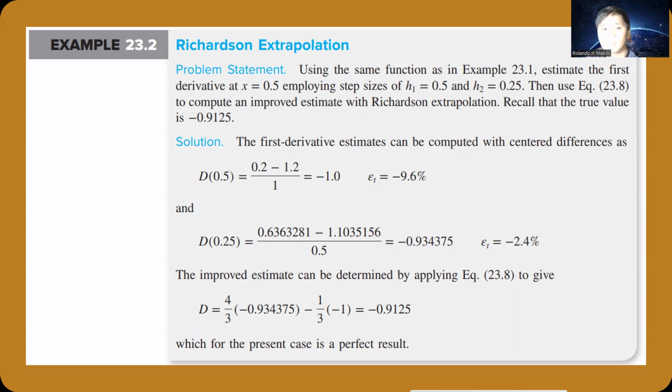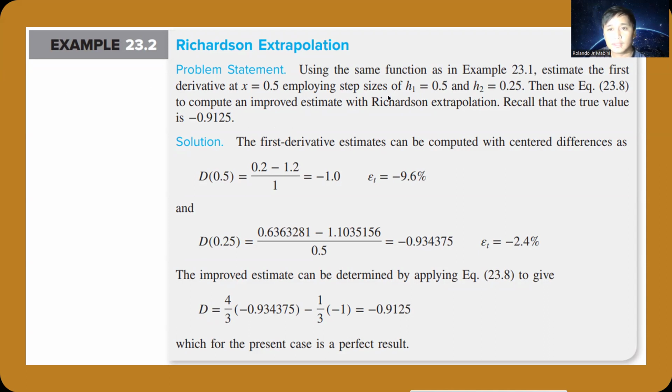Then use equation 23.8, the one that we have derived earlier, to compute an improved estimate with Richardson extrapolation. Recall that the true value is negative 0.9125.